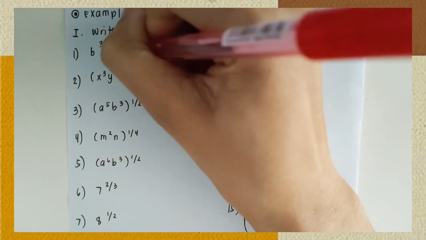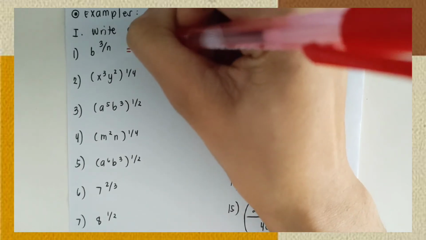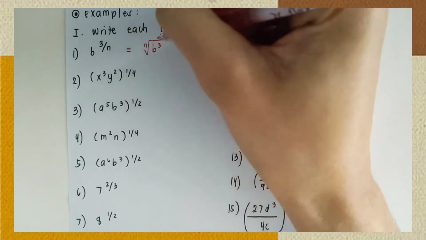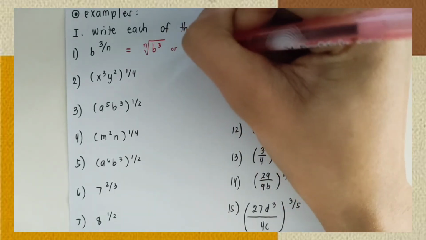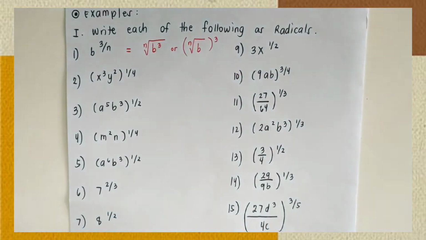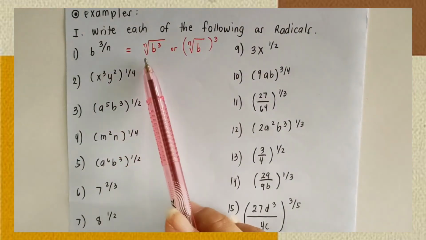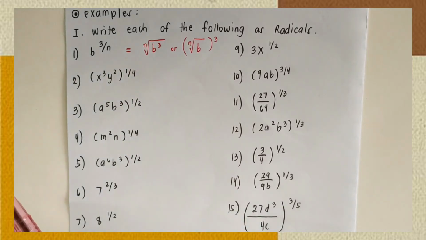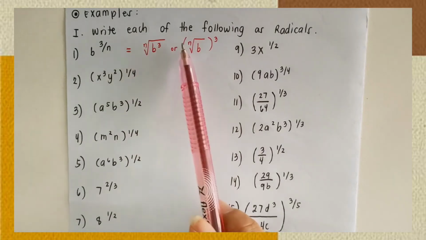So it is equivalent to the nth root of b cubed, or we have the nth root of b cubed. This is the answer for our example number 1. I repeat, the denominator will be our index.